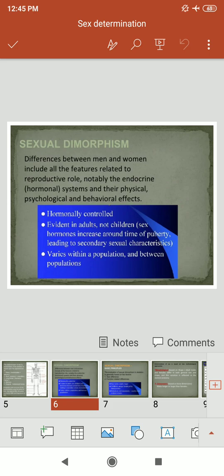Hormonally controlled, it is evident in adults, not children. The sex hormones increase around the time of puberty, leading to secondary sexual characteristics, and it varies within a population and between populations.